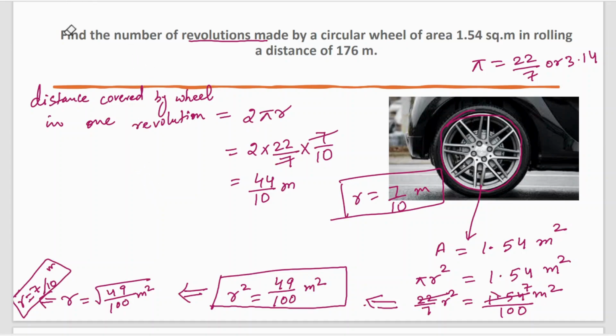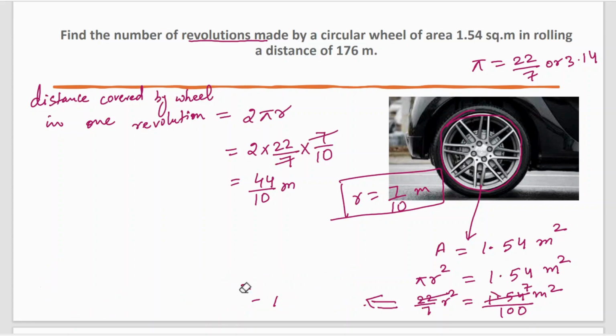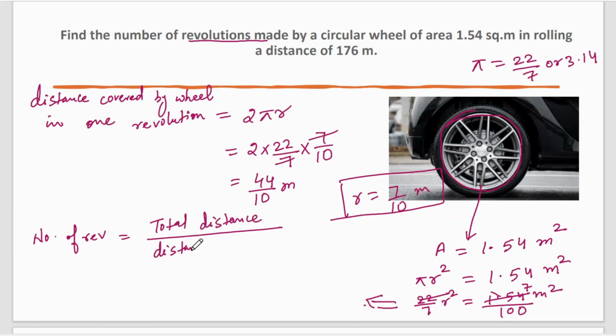Let me first erase this part because I have no space to write. So the formula that you can use for finding the number of revolutions: write this as number of revolutions equal to the total distance that the wheel has covered or wants to cover, divided by the distance covered in one revolution.